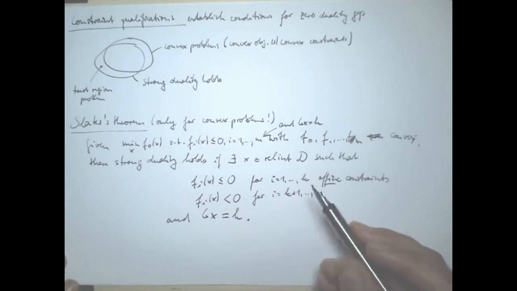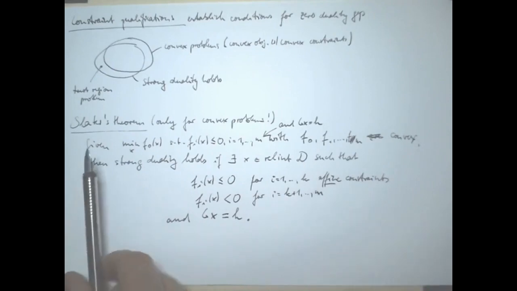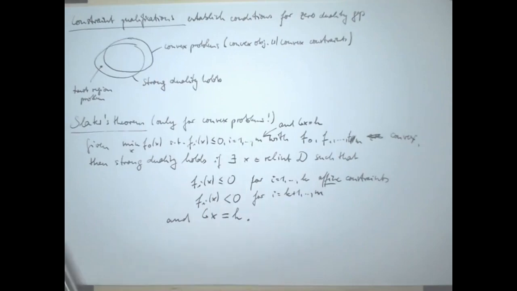So, in other words, Slater's theorem for convex problems only says that we do have strong duality if we find a feasible point from our domain such that all of these conditions hold.